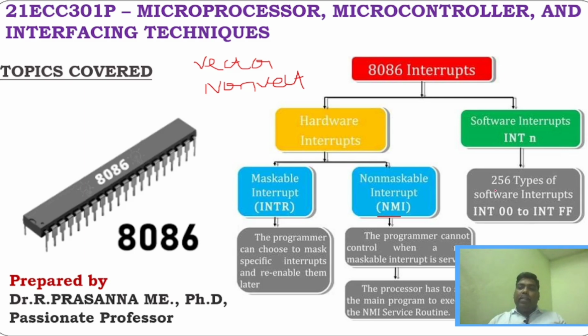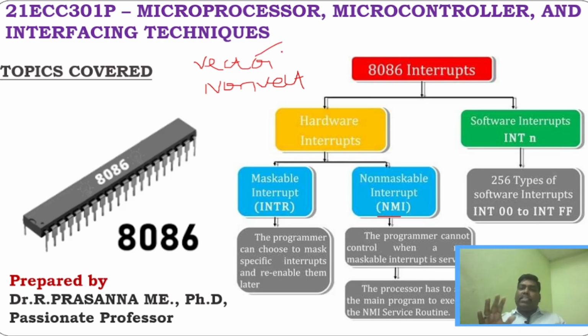For example, in the previous video I explained how each interrupt has its own 4-byte address location. Each and every interrupt from 0 to 255 has its own address location, so all those interrupts are called vectored interrupts.